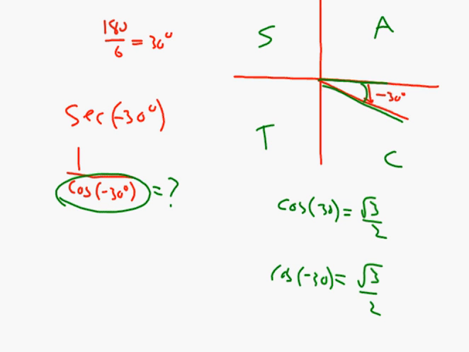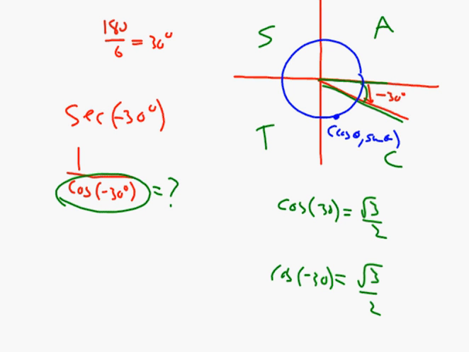For those of you who don't remember it that way, the other way to remember it is, don't forget, if we're on the unit circle, that the x value is always cosine of theta and the y value is always sine of theta. So if you were in the fourth quadrant, your x value, cosine theta, would be positive. Okay? So that's how you know.